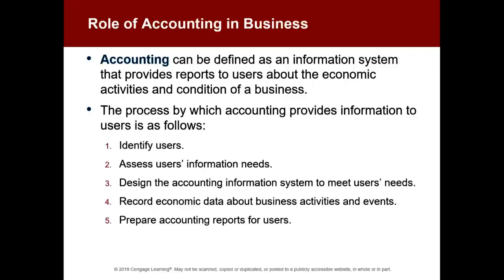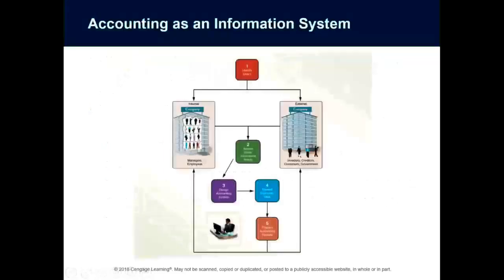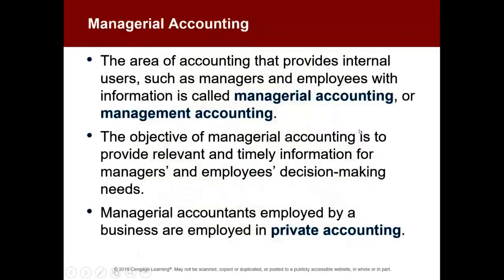And we design a system to fulfill those needs that then records economic data and transactions. And then at some point it summarizes them into accounting reports. And this is just a picture depiction of what we just talked about, and you've got this little graphic in your book. The main thing is that accounting, by definition, is an information system, and it provides information to people who need to use it.